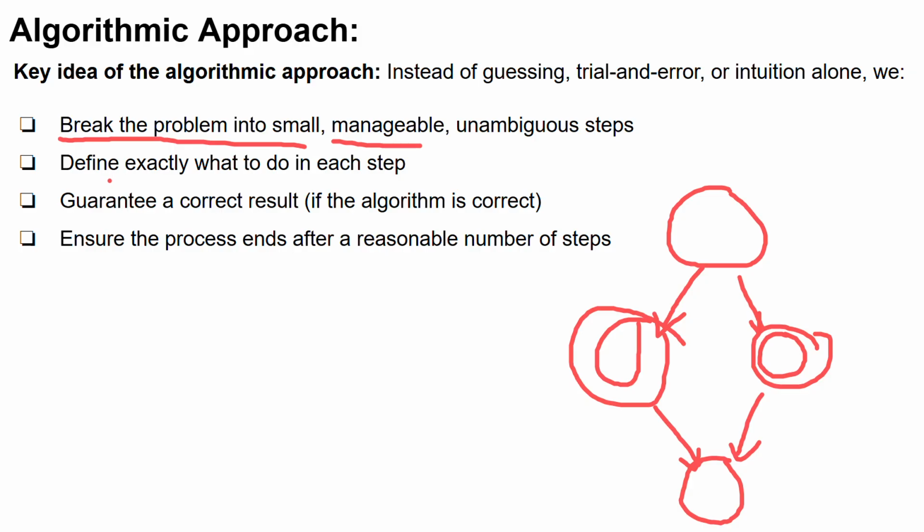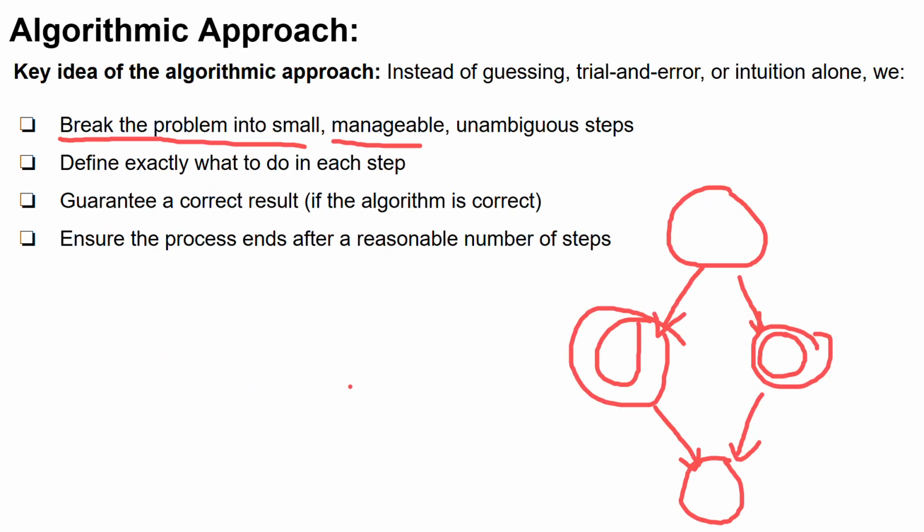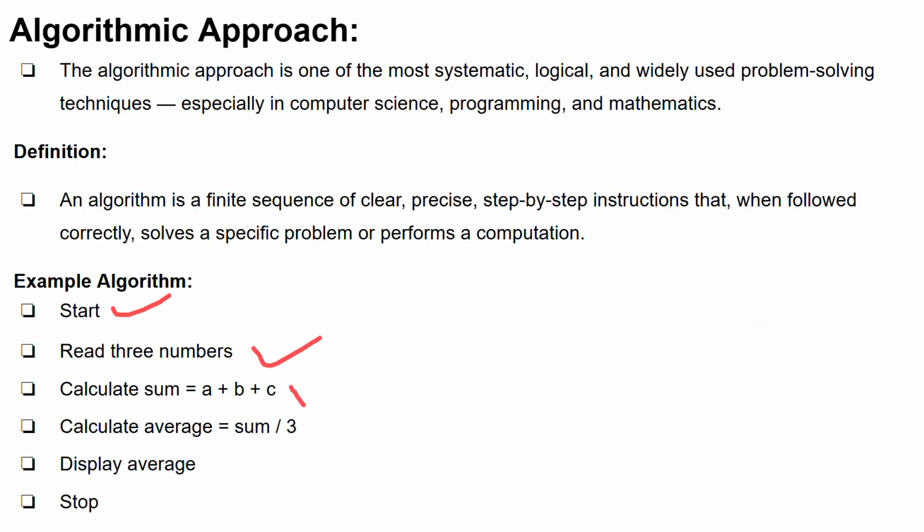Then each step of the algorithm, as we already saw, will define exactly what it is intended to do. When you write any algorithm, it guarantees that it will give you output. Any algorithm will result in an output, and each algorithm step will end in a finite time.